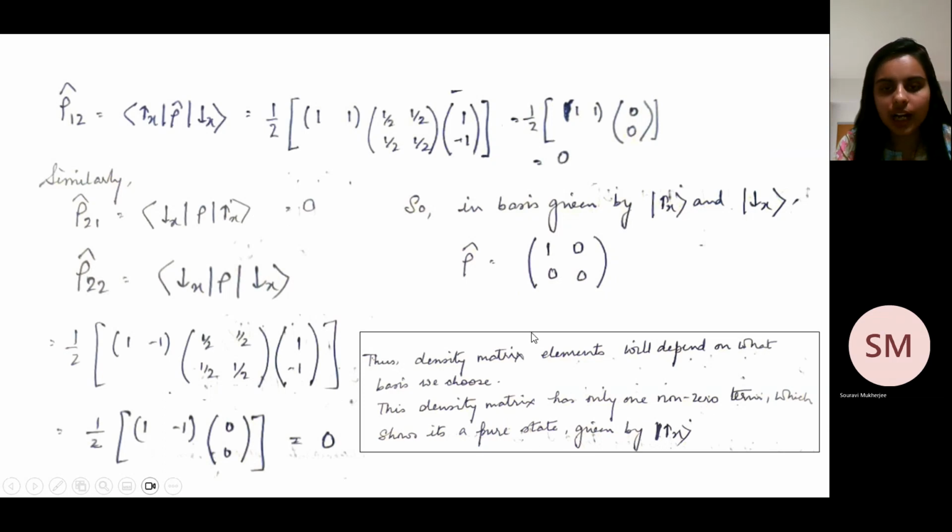So this tells you how the density matrix elements change once you go from one basis vector to another. We had already discussed these questions in detail in the classes, but these are the basic concepts. If you have some basis vector, how would you find the density matrix elements, how would they change under a change of basis, and what do the different terms signify?